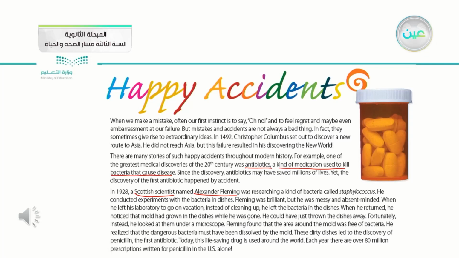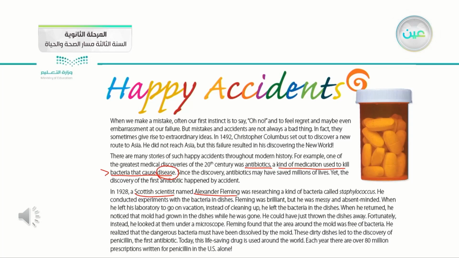So we use antibiotics once we have harmful bacteria in our bodies that make us feel ill. Antibiotics are used by ill people in order to kill the bacteria. We have here the word disease. Disease means illness or sickness.